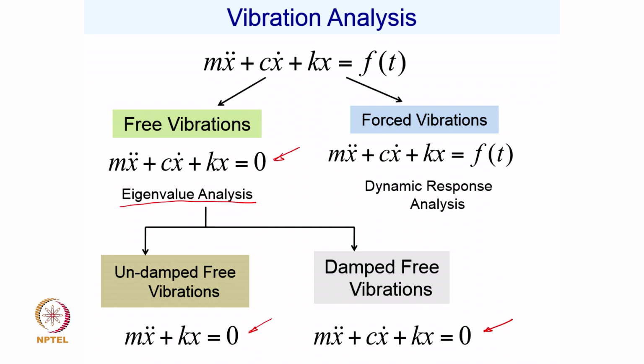So, the question is, why do we really need a free vibration analysis or eigenvalue analysis? Obviously, for us to ensure that the system works away from any possible resonance, we should in fact know the natural frequencies of the system.